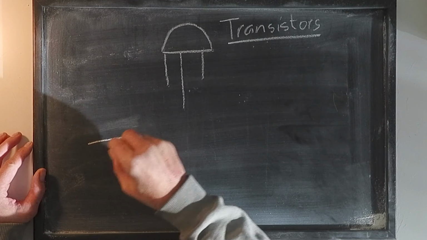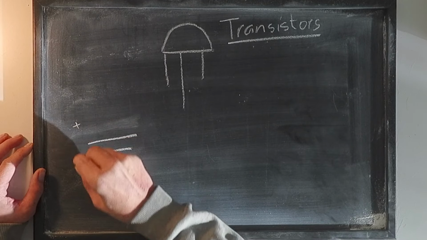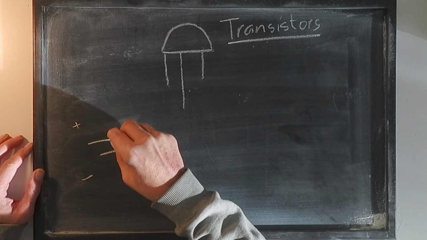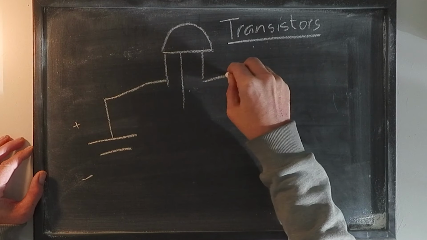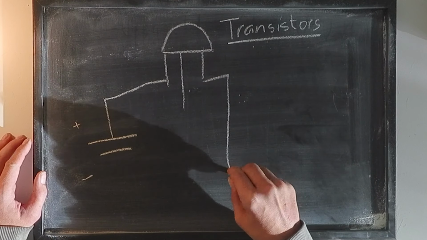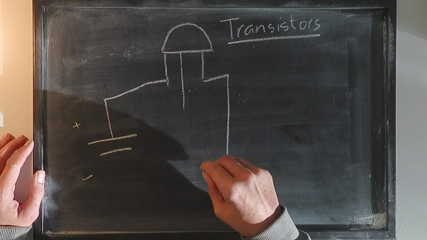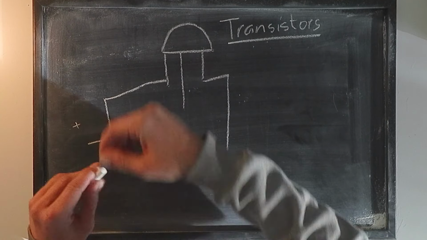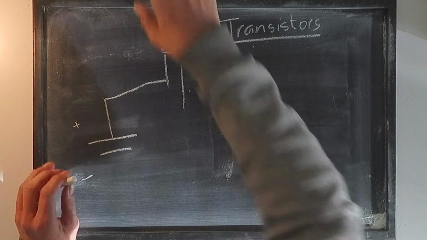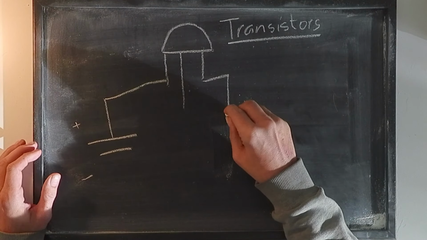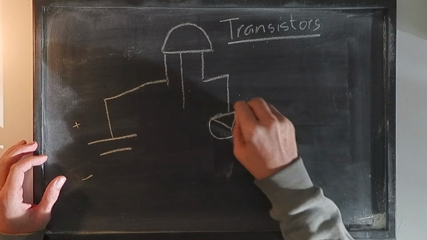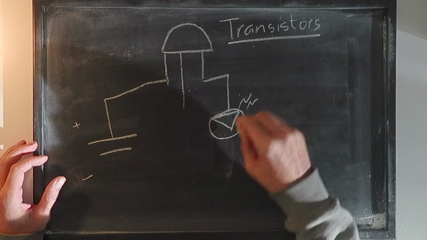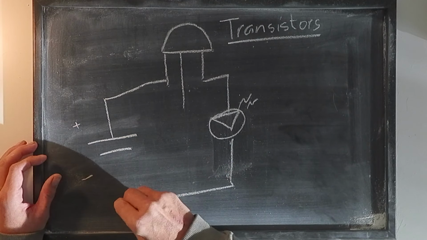So let's say we have a battery here where this is plus and this is minus, and we connect the circuit like this, and let's put an LED here. So let's do something like this.